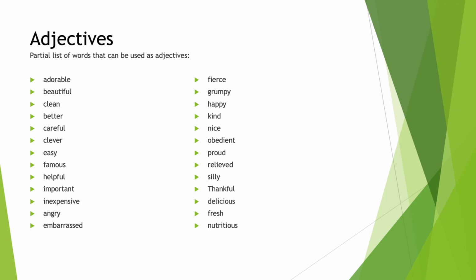Adorable, for example. You could say that kitten is adorable. Or the sky is beautiful. I'm not going to go through the whole list here, but you might want to jot these down if that would help you understand adjectives better.